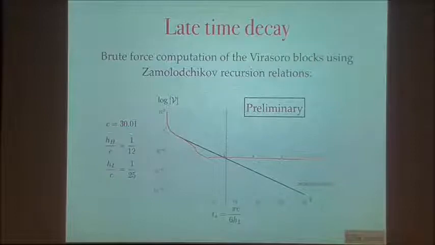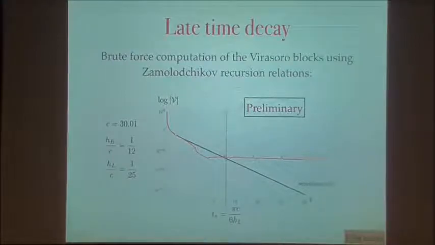So here the parameters used are c equal to 30, h heavy over c is 1/12, and h light over c is 1/25. This black line represents the semi-classical block, so you see that it keeps decaying exponentially at late enough times. These are log scales, so a straight line here is an exponential decay.